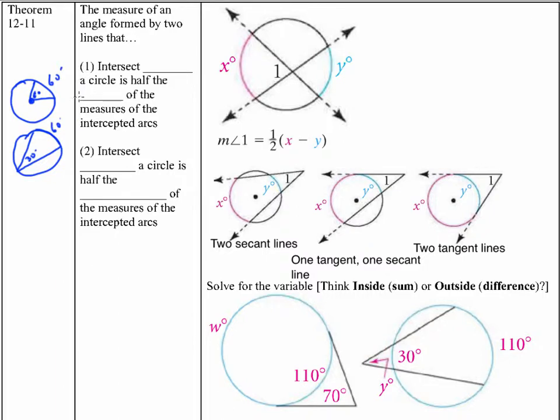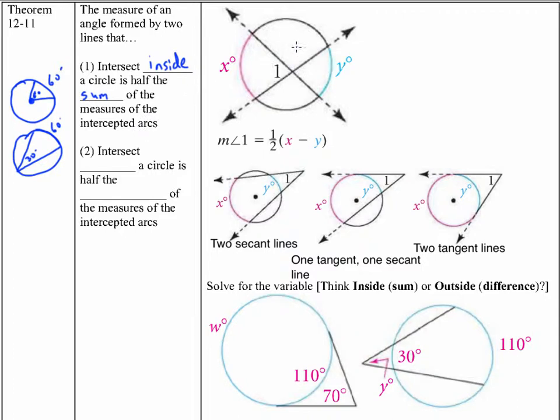And then a third and a fourth type today will be angles that are formed inside and outside of the circle. So first off, if we have an angle that intersects inside the circle, it is going to be half of the sum of the intercepted arcs. Notice this angle 1 here is an example of that.